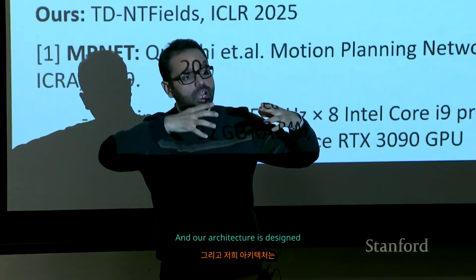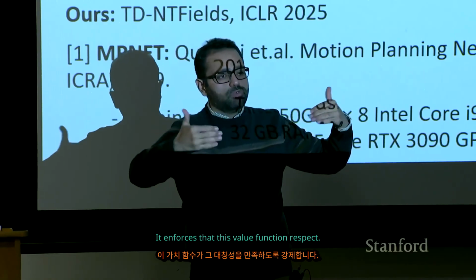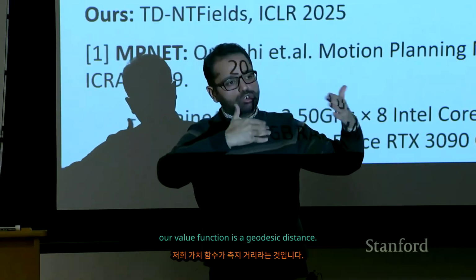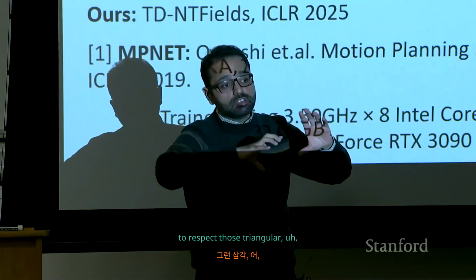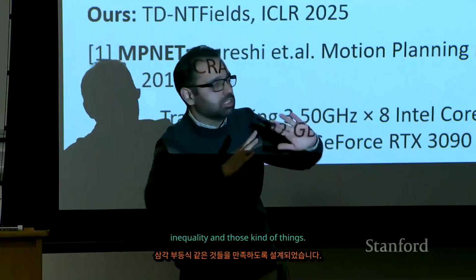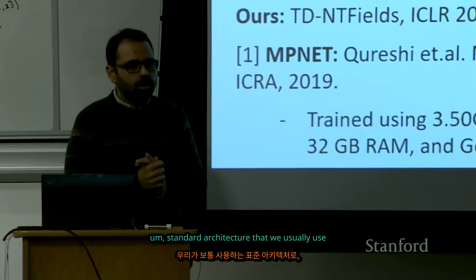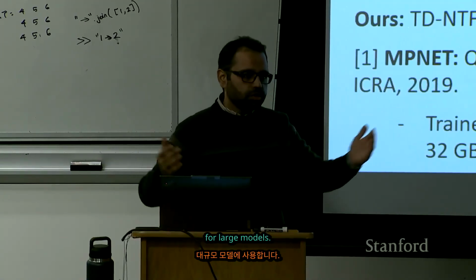Our architecture is designed to respect that symmetry. It enforces that this value function respects it. And the other thing I mentioned, our value function is a geodesic distance, so the architecture is designed to respect the triangle inequality and those kinds of things. Whereas MPiNet is a standard architecture that we usually use for large models.